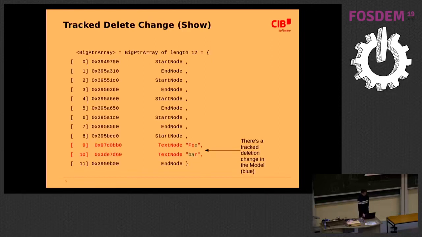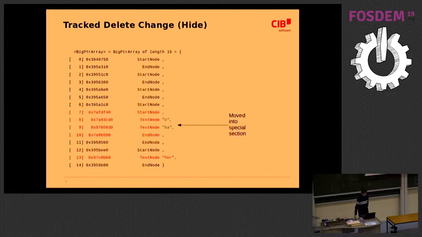Then you toggle it to hide them, and what happens is that your document model actually looks different. The track change is moved out of the document body area and into a special section in this array data structure that then contains the deleted text, and the body text now only contains that part of it that is not deleted.